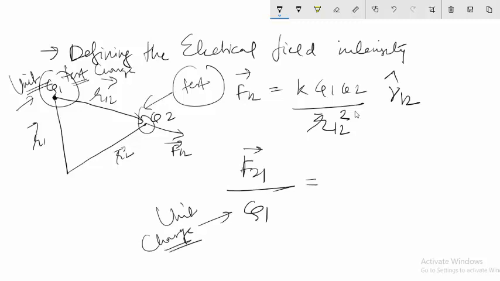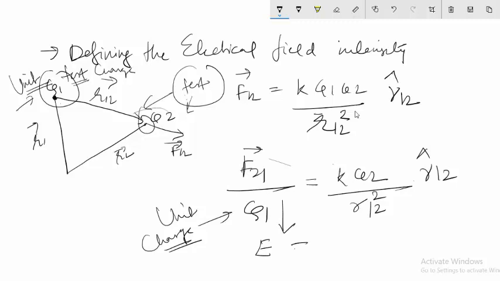You are having an electric field due to a charge, and you are bringing a test charge around to test it. So it can be found as K Q2 divided by R12 square into the R12 unit vector, and this is known as force per unit charge, the electric field intensity of that charge.